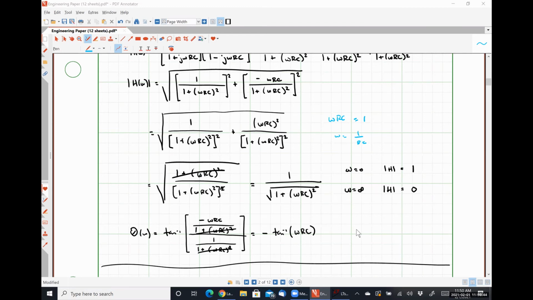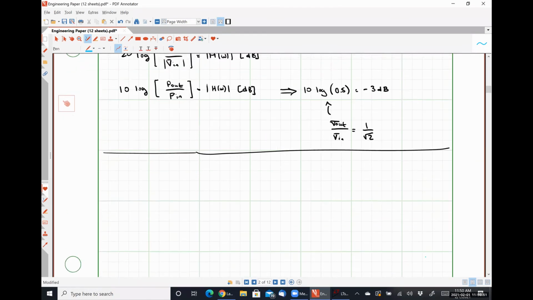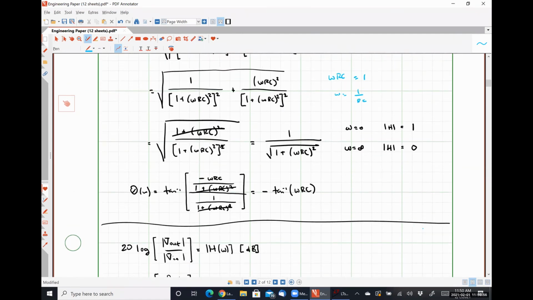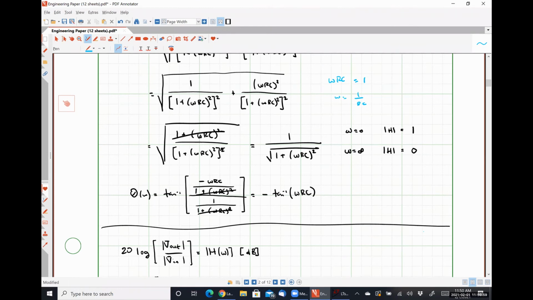Oh, I feel like a jackass. This is what happens when I don't bring the notes to class. So we need it to be 1 over square root of 2, which means we have linear frequency and angular frequency here. So there's a factor of 2 pi that I have neglected, right?